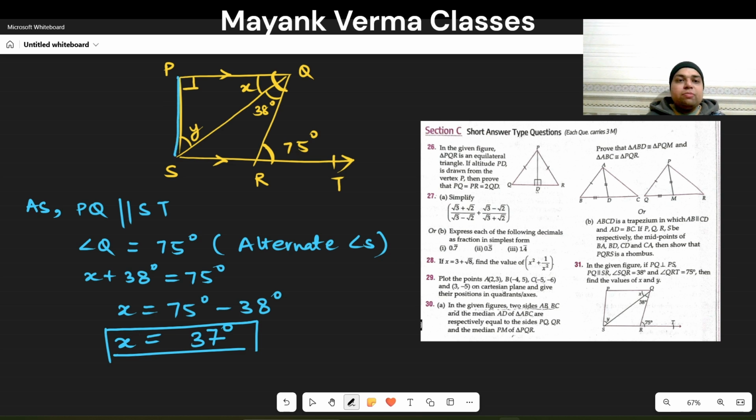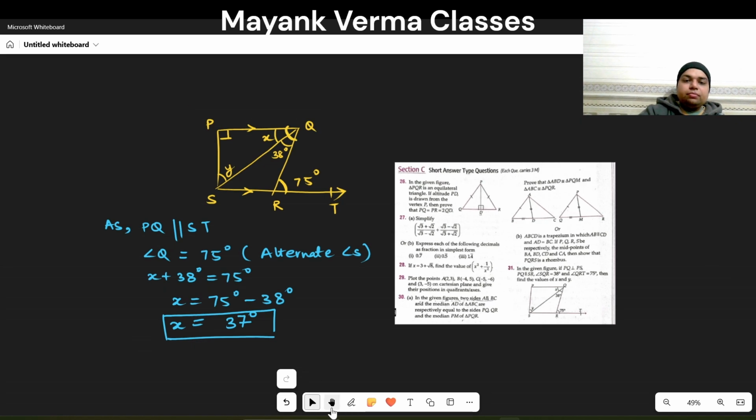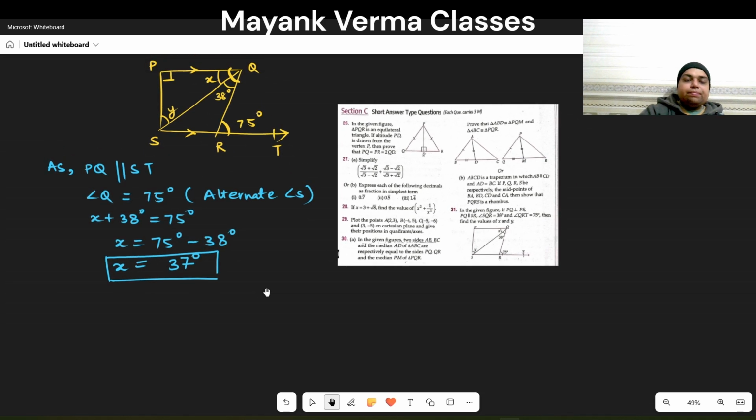Now if I talk about this triangle PQS, I can apply the angle sum property, right? So I can say that in triangle PQS, angle P plus angle Q plus angle S is equal to 180 degrees, angle sum property.